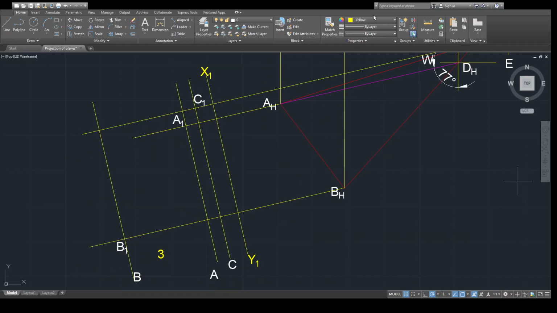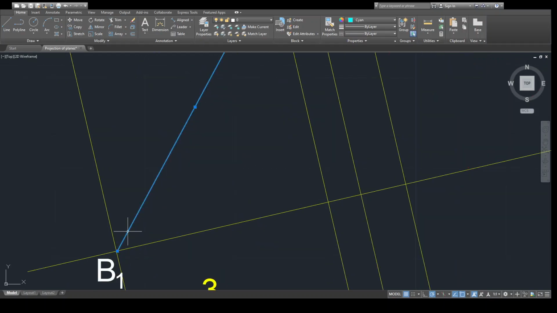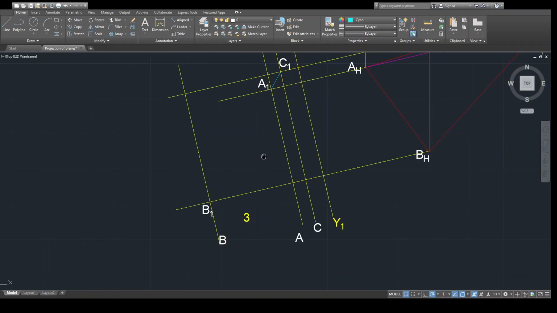Now let us draw the line, in cyan color, which passes through all these points.